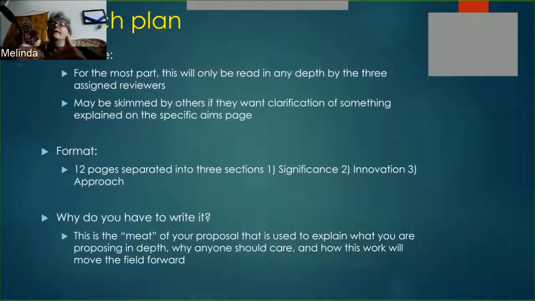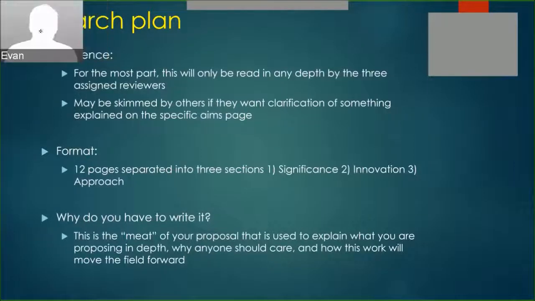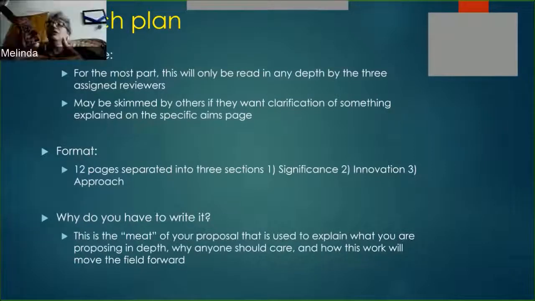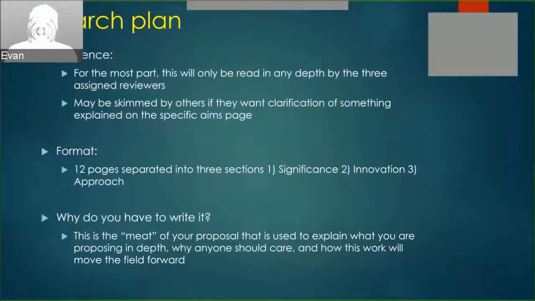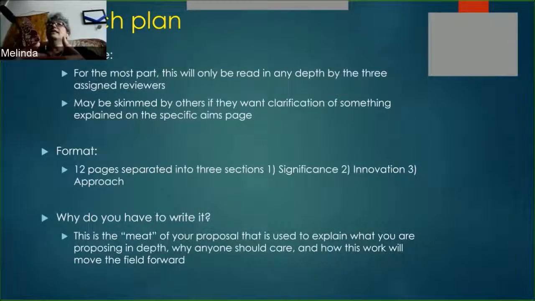You will definitely see funded grants with aims that don't look like that. It really helps a lot to get your hands on as many aims pages as possible, particularly from funded grants, because you're going to see a whole range of styles.